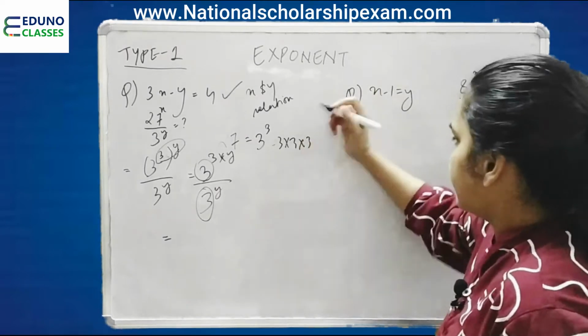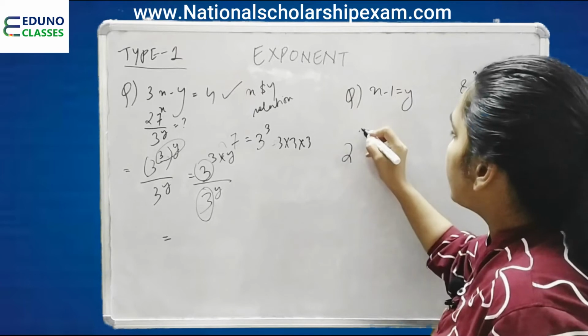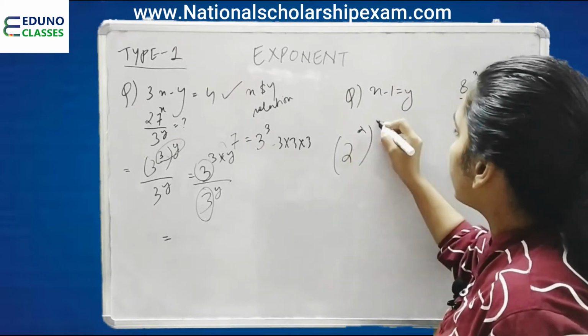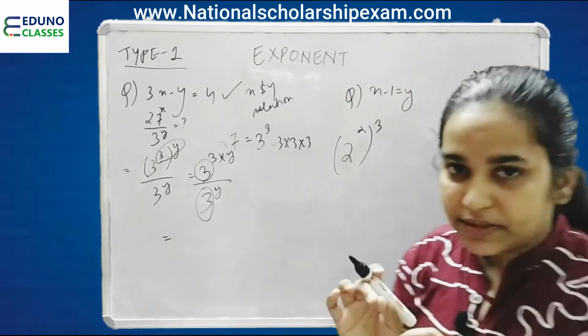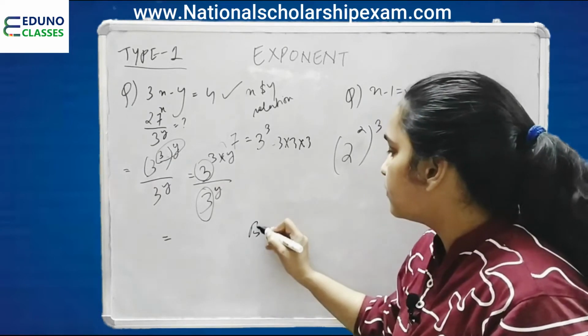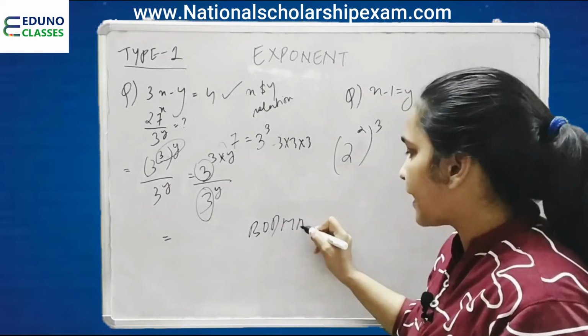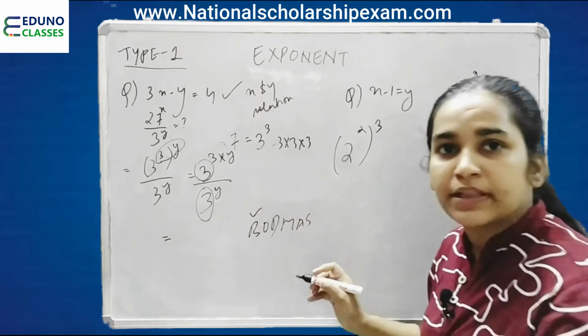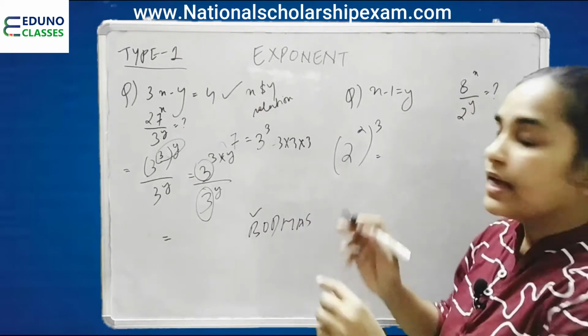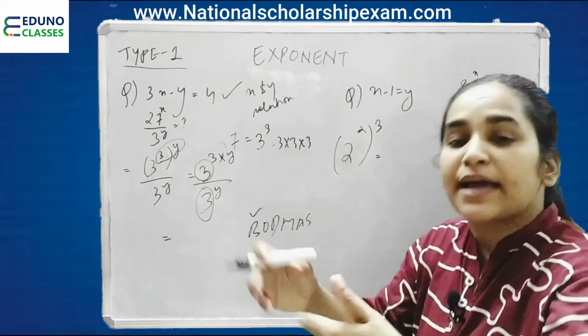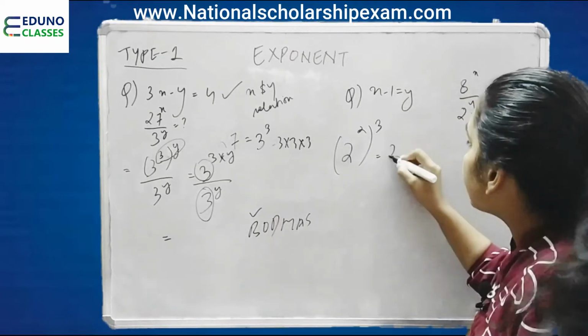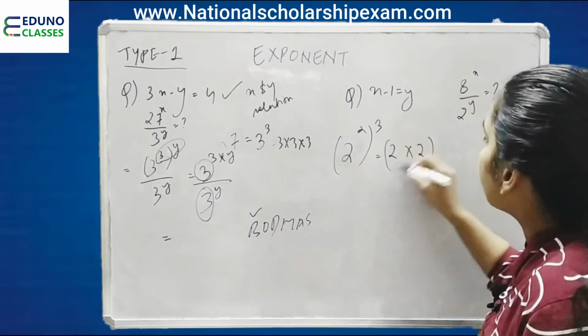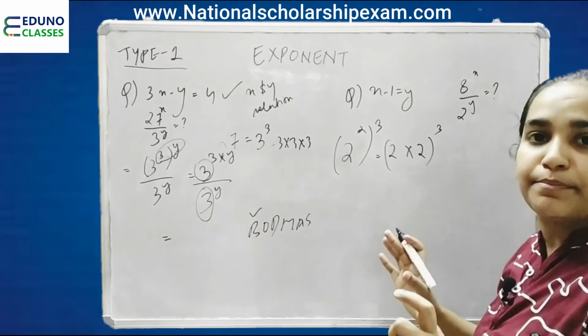If I write 2 power 2, whole power 3, what does this mean? We know the BODMAS rule. We will first open the bracket. 2 power 2 means multiplying 2 two times, that is 2 into 2. And then again we have this whole bracket to the power 3.